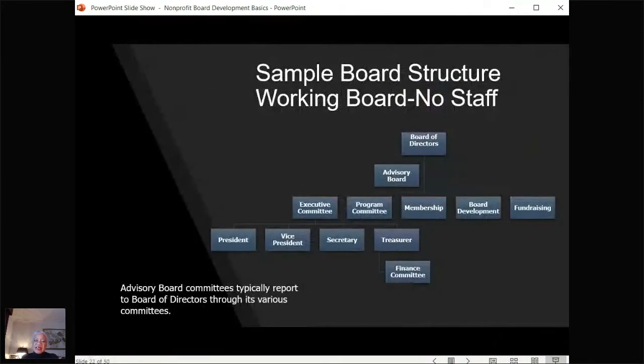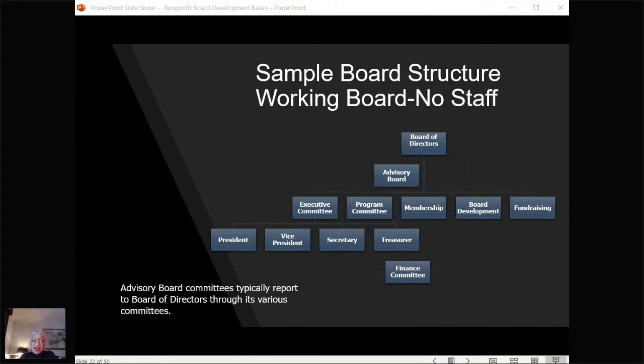So here is a sample board structure, right? And this is a board structure for a working board.